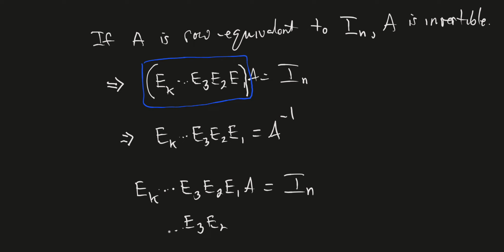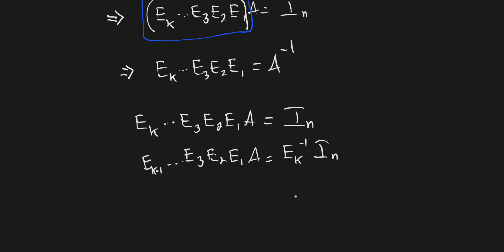I'll put the dot dot dot there because after multiplying by E_k inverse, I'm going to be left with another elementary matrix there, and then that inverse would multiply this, so like times I_n. But we know multiplying a matrix by the identity gives us the same matrix. So on the right hand side, what we have is just E_k inverse.